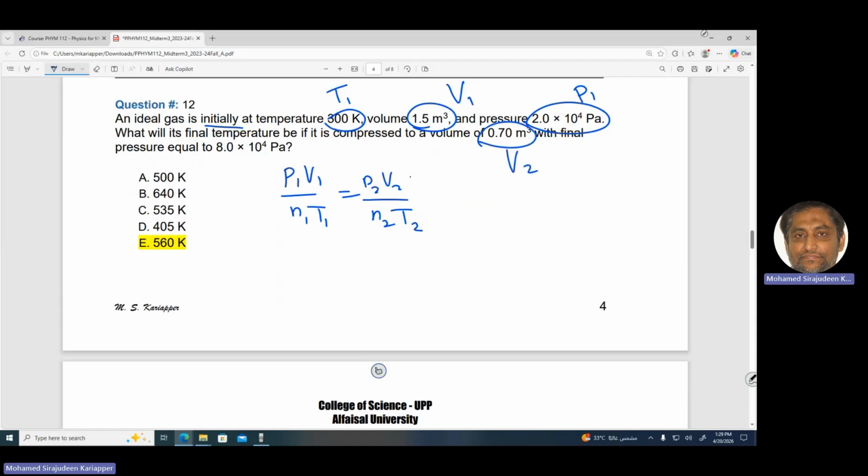This is V2, and this is the new pressure P2. So what is unknown is T2, the temperature. What about N? Because there's no leaking of anything, it's the same amount of gas, so N1 is equal to N2. It's the same story. These questions are actually easy.